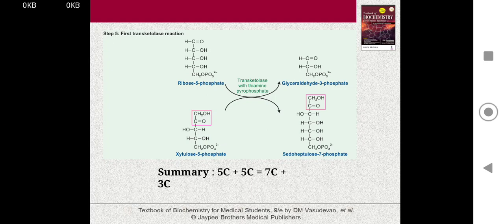The 2 carbon keto unit from xylulose 5-phosphate is transferred to ribose 5-phosphate. So ribose 5-phosphate is a 5 carbon unit, and 2 carbon units are added to it. So a 7 carbon unit is generated, known as sedoheptulose 7-phosphate, and glyceraldehyde 3-phosphate, which is a 3 carbon unit, is generated.